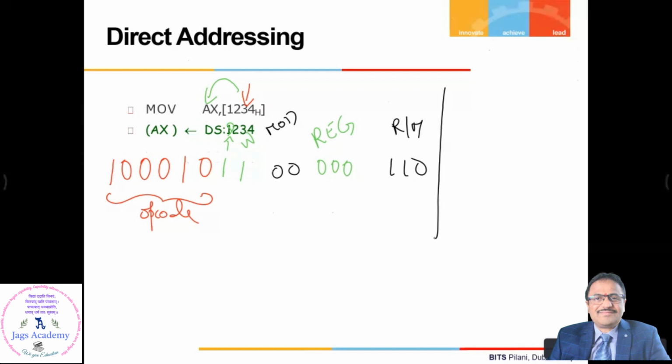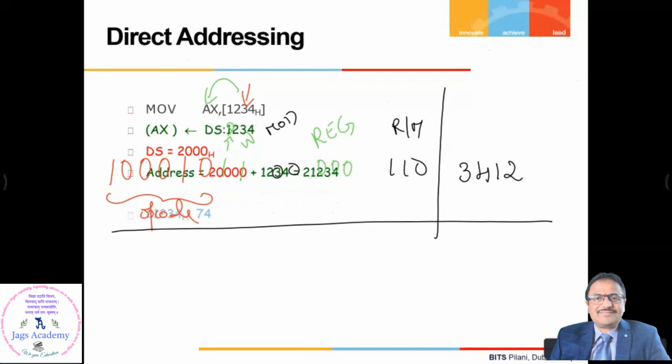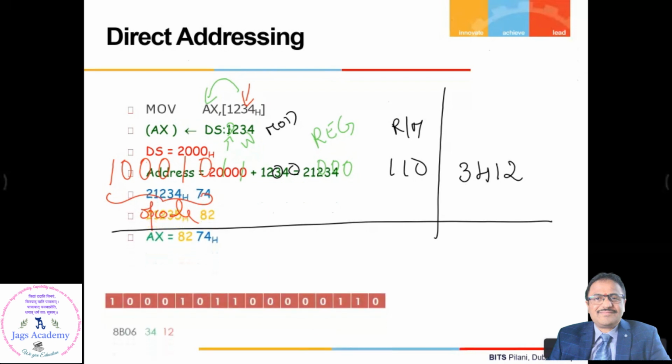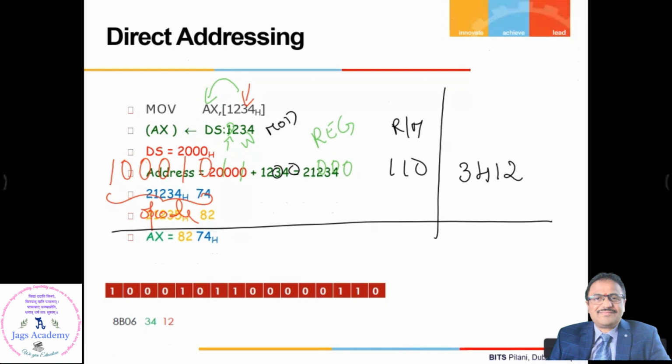The address is there in the instruction itself, so you have to write the address here. What comes first? The lower byte comes first. 3, 4 comes first. 1, 2 comes next. Can you tell me the complete hexadecimal instruction? 3, 4, 2, 1. This is what comes from this.